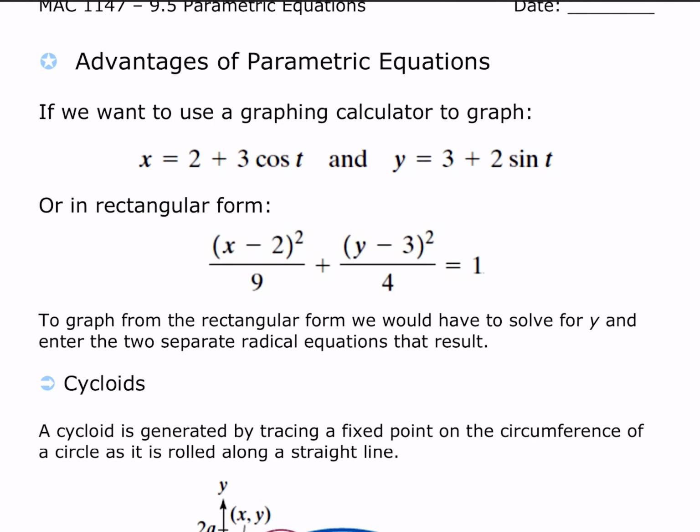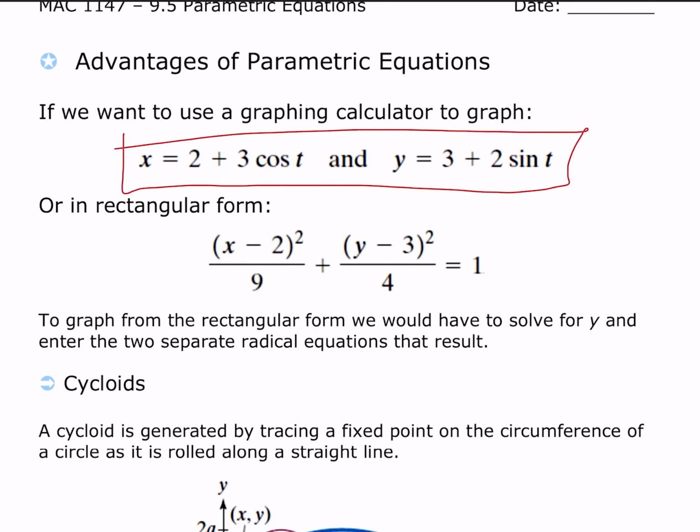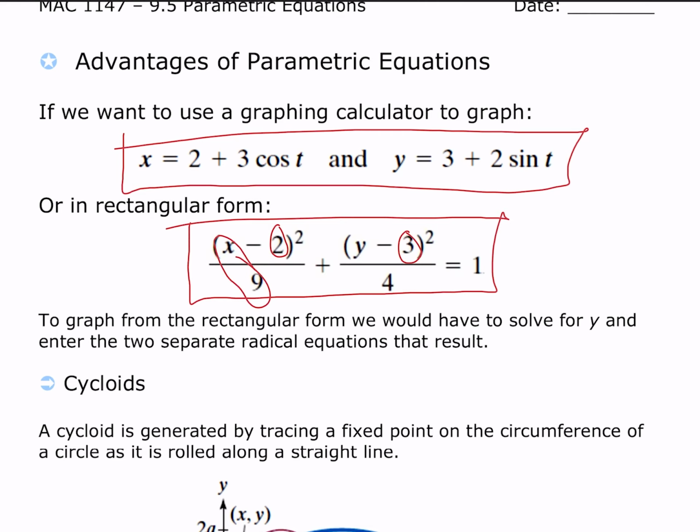What are the advantages of parametric equations? Well, here's a pair of parametric equations, and if we were to convert those into rectangular form, we would get this equation. And what is that equation? It's an ellipse. The center is at (2, 3). The horizontal radius, as I like to call it, is 3. The vertical radius, as I like to call it, is 2.